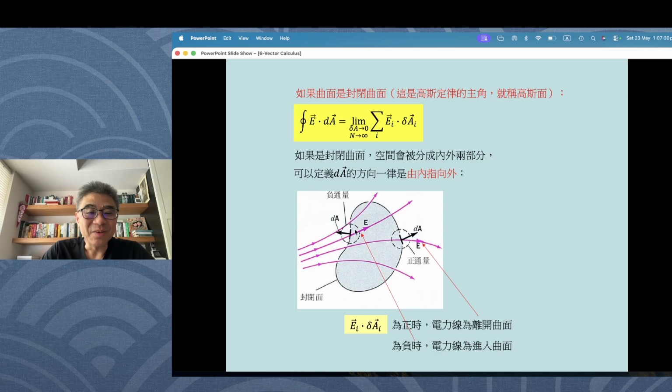So if E is in the opposite direction of dA, then E will be flowing from outside to inside. Therefore, we reverse the logic: if the electric field line is flowing into the closed surface, the contribution to electric flux will be negative.